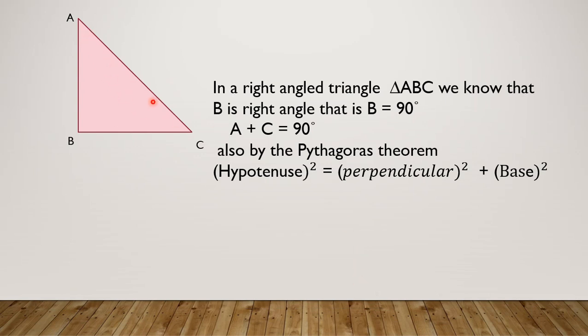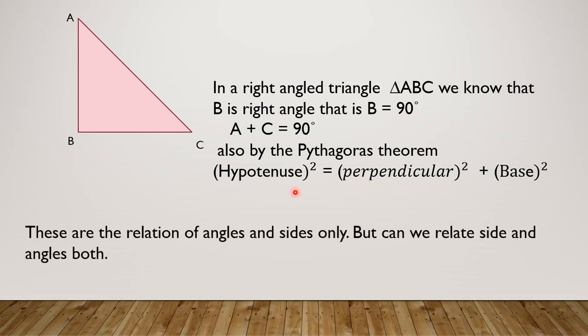For the other two angles, angle A plus angle C is equal to 90 degrees. This is the relation of angles only. And by the Pythagoras theorem we know that hypotenuse square is equal to perpendicular square plus base square, and this is the relation between the sides.